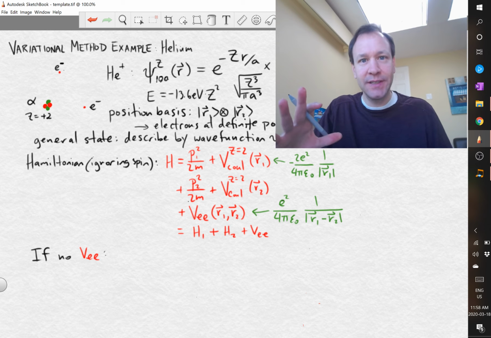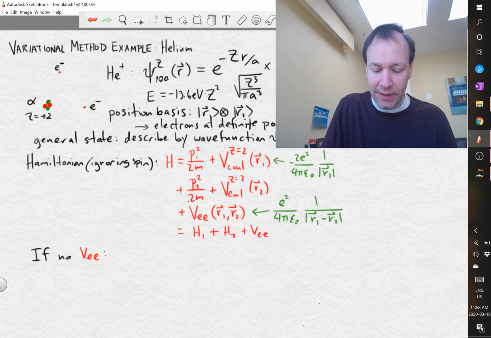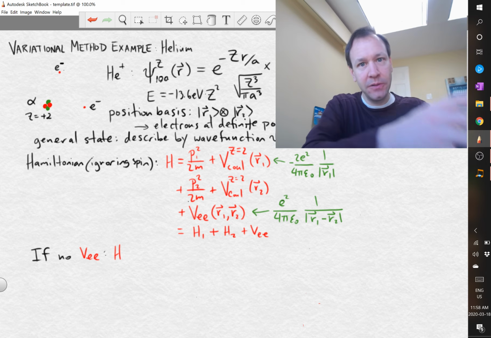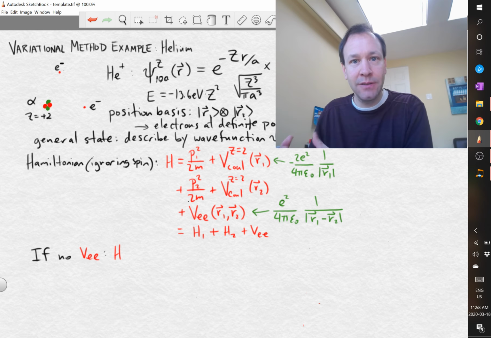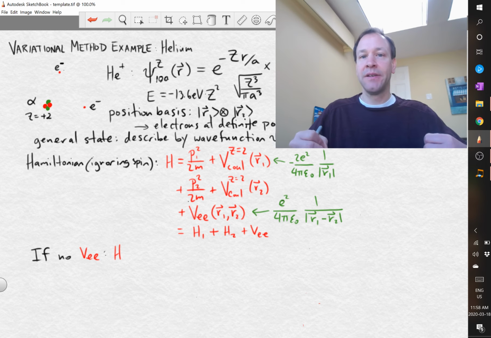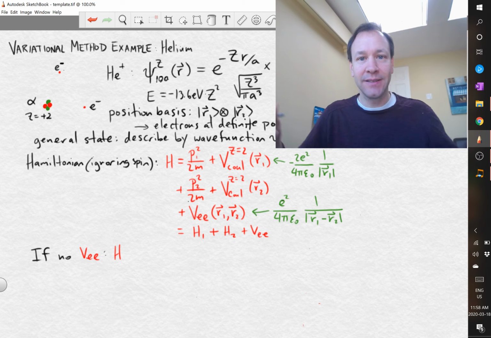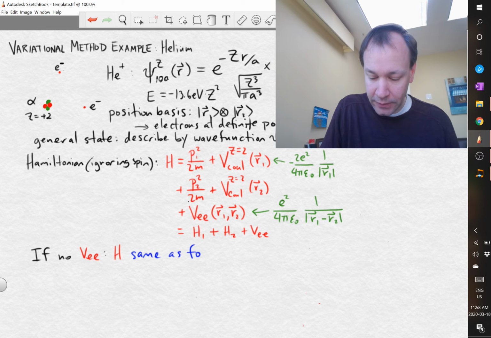That case is really simple, because our Hamiltonian without V_EE is just two separate terms: H1 for the first electron and H2 for the second electron. That's the same Hamiltonian as if we had two completely separate helium plus ions.